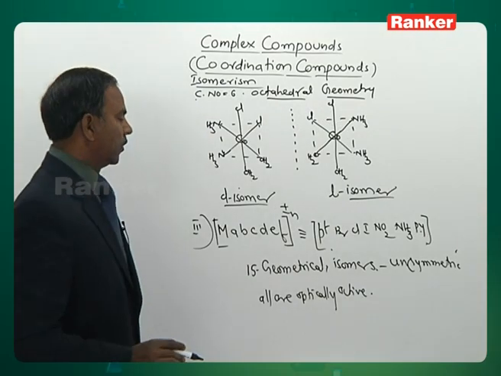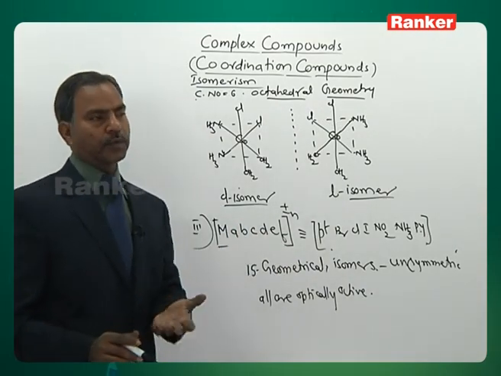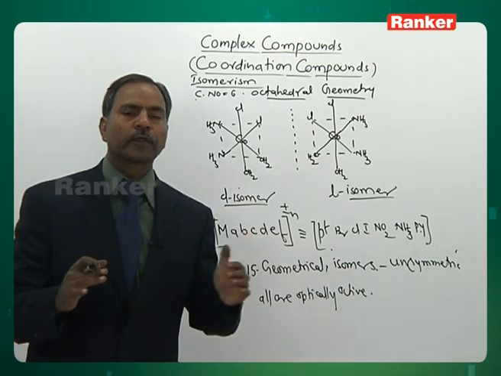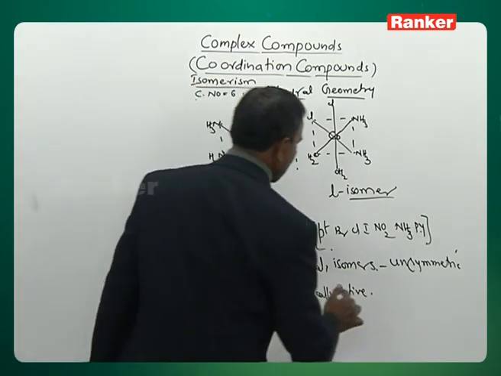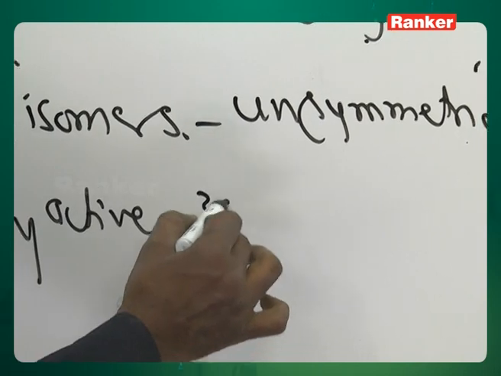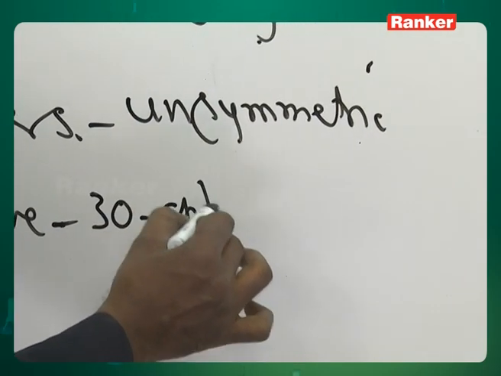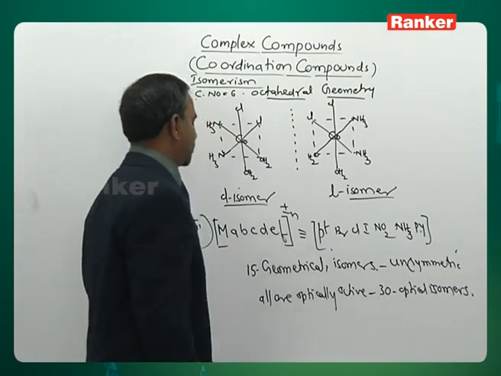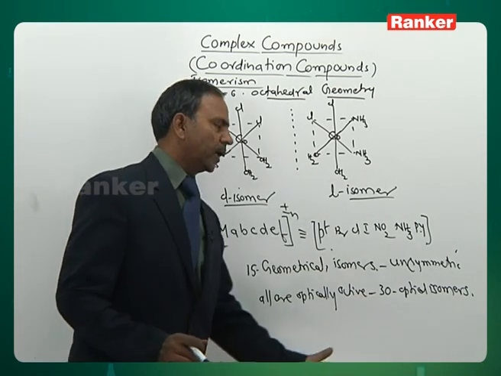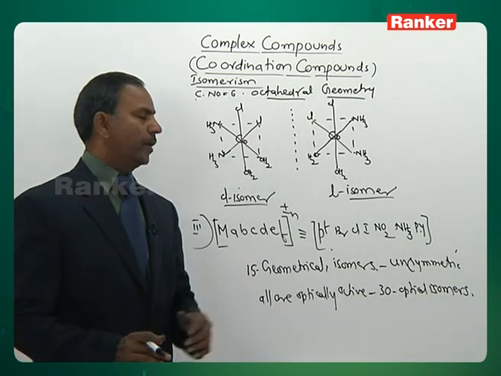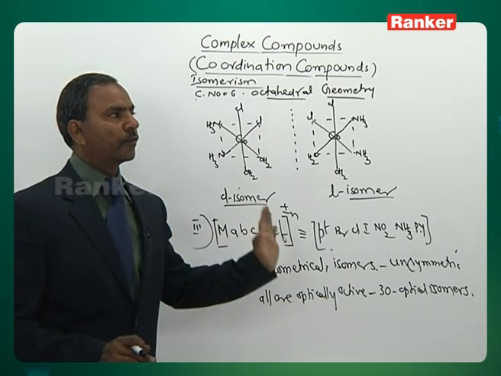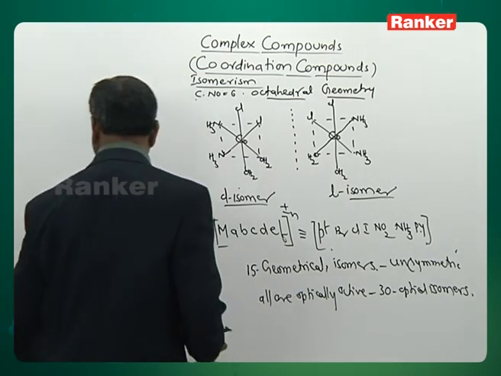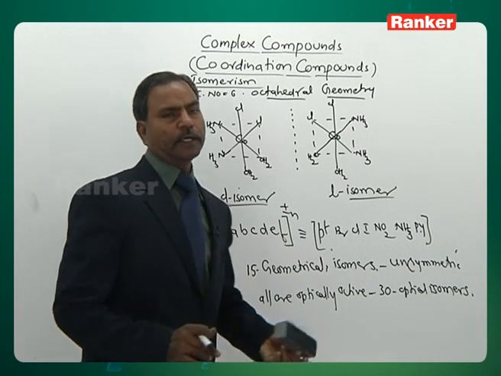Once all 15 geometrical isomers are optically active, the total number of optical isomers comes to be 30. 15 are D, 15 are L. So 30 optical isomers are possible. So 15 geometrical isomers, all unsymmetric and all optically active, give 30 optical isomers in total.